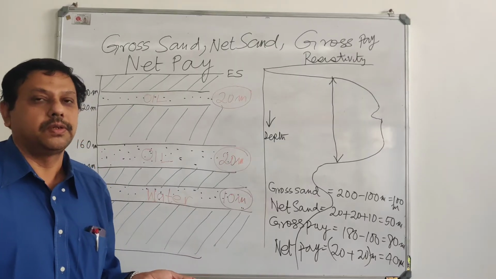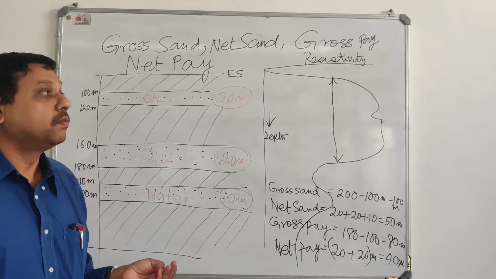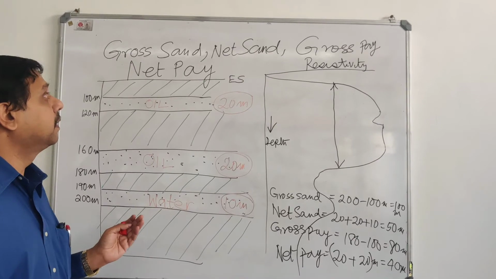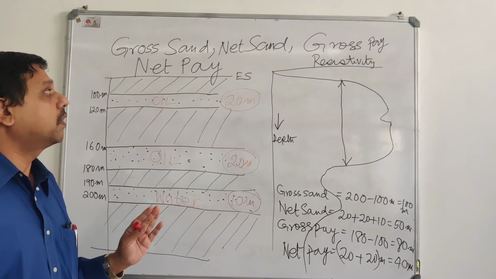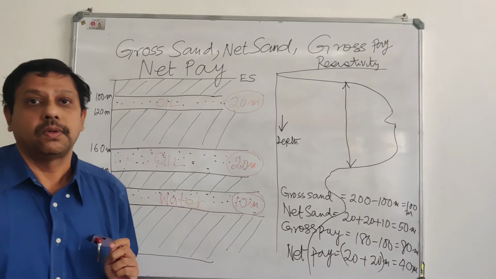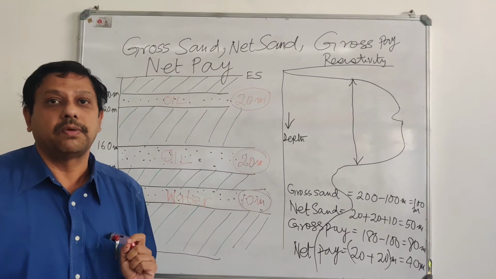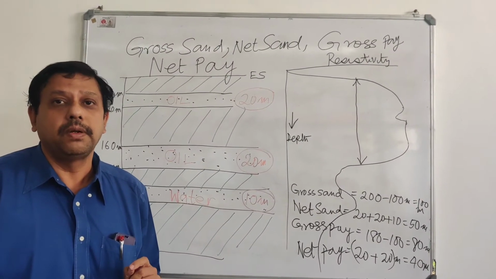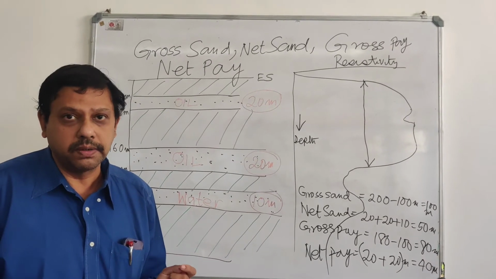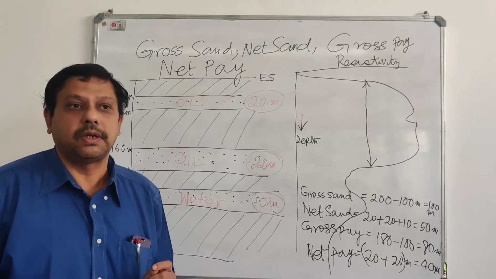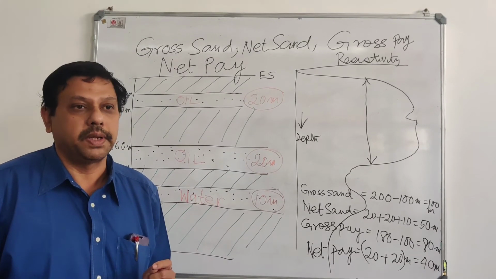In continuation to the resource estimation, we should also understand what is gross sand, what is net sand, what is gross pay, and what is net pay. All this will come from the well log. We will be looking into three types of well log in detail in future. One is the lithological logs, that is the SP and gamma ray.